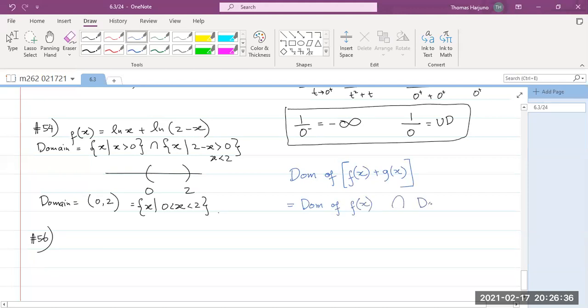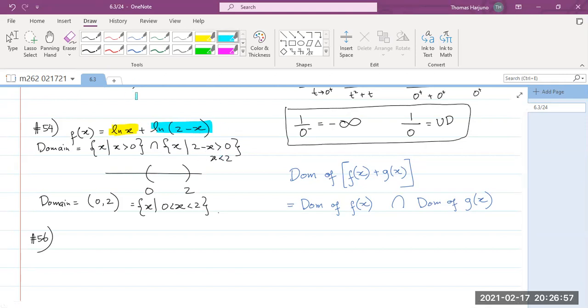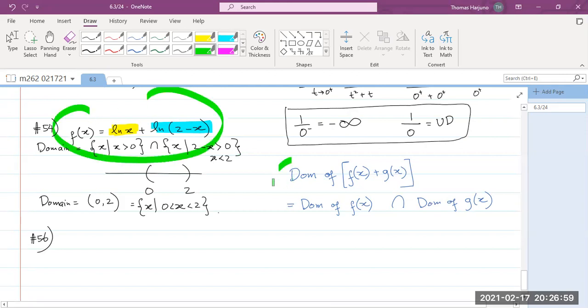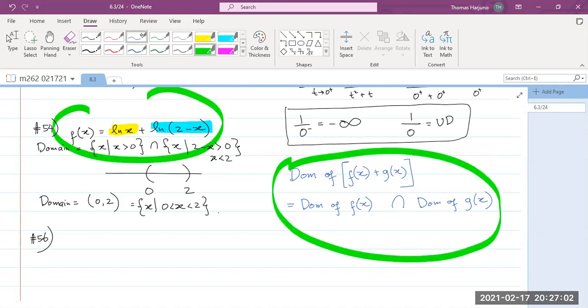Intersect the domain of g(x). So what I did, basically, I found the domain for this and intersected that with the domain for this. Oh, I see. So it has to be greater than 0, but at the same time, less than 2. That's what I actually did here. Keep in mind that it doesn't have to be addition, maybe subtraction, maybe multiplication. For division, the denominator cannot be 0 either.